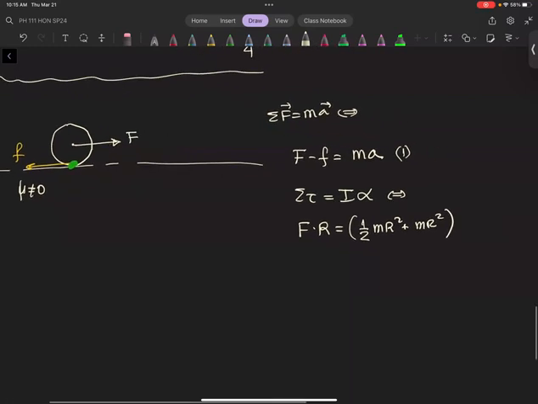Now, folks, if I assume that this force that I'm applying does not produce skidding, but it does produce rolling, can I sub the angular acceleration with the linear acceleration over the radius? Can I do that? That is legit. That is the assumption, not just the assumption, that is the statement, the axiom when you have pure rolling. So this is going to be linear acceleration over R. Yes or no?